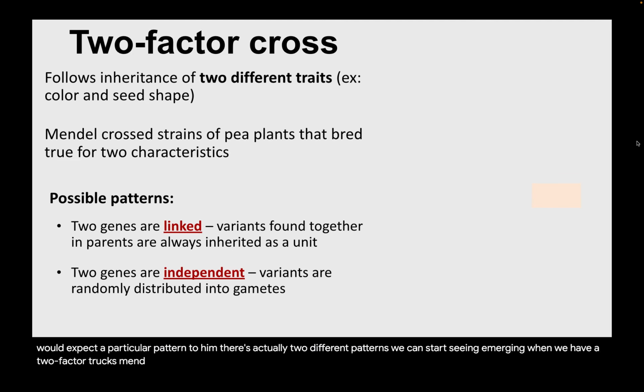Right? And we'll keep expanding upon this idea here. So if we are following 2 different genes, or if we expanded this to 3 or 4 or 5 different genes, we could start to see patterns that they're either independently assorting, following the principles of independent assortment, they randomly line up on the metaphase plate, or that those genes are linked and they're always inherited as a unit.